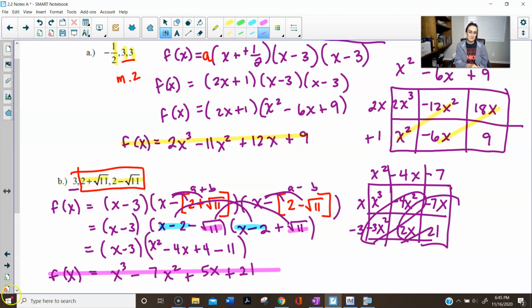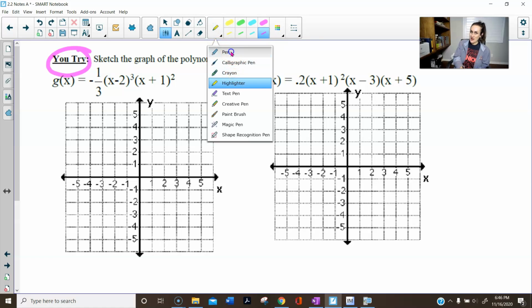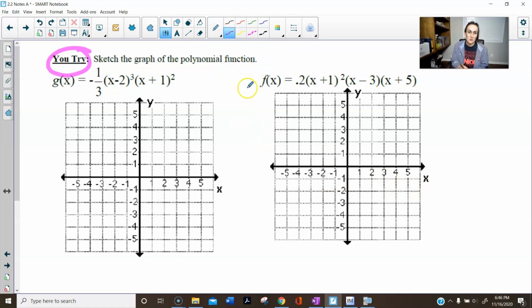All right. So this is it for this section of notes. The you try is exactly that. You are supposed to try it. So with the you try, let me remind you how you sketch this without a calculator.